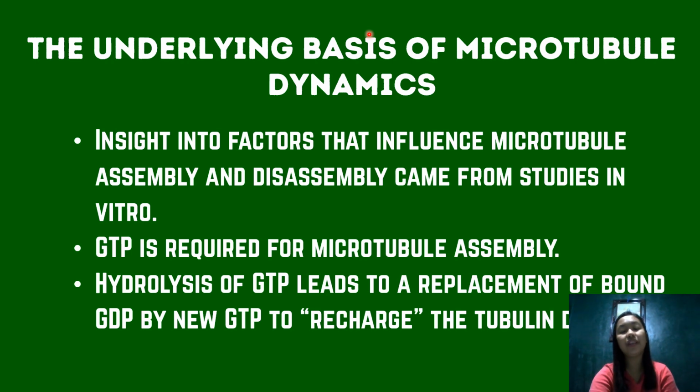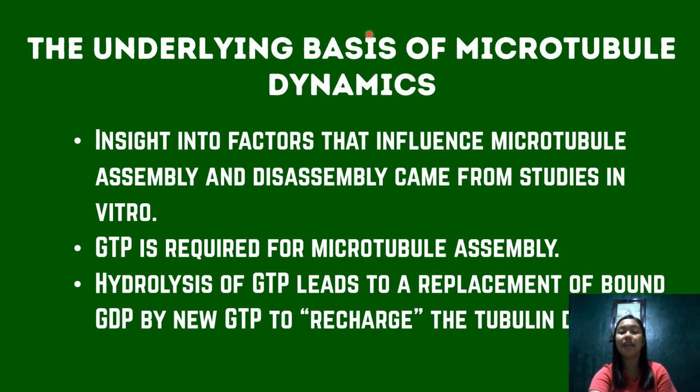So, sa in vitro assembly, especially in the absence of gamma-tubulin ring complexes, may magre-result sa abnormal protofilament number. So, yung mga MAPs at mga existing microtubules or structures containing them facilitate assembly by serving as templates.